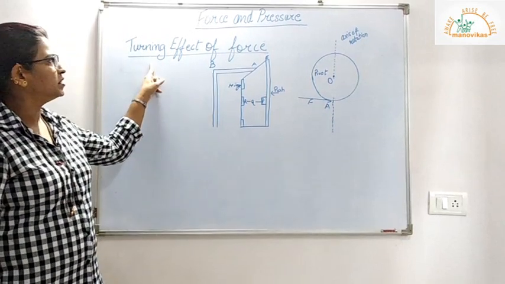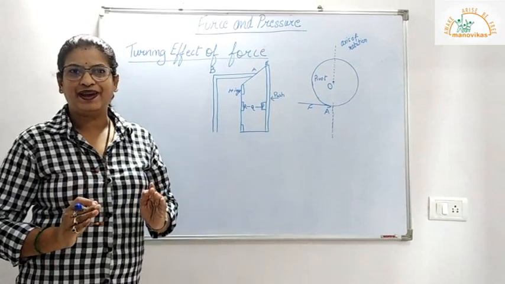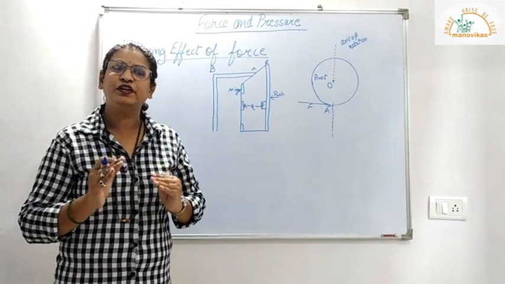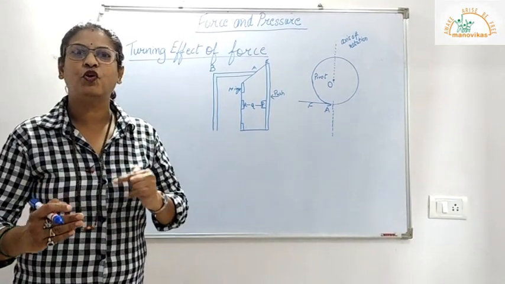Now we see what is the turning effect of a force. When a force is applied on a stationary rigid body, the body moves in a straight line in the direction of the force.